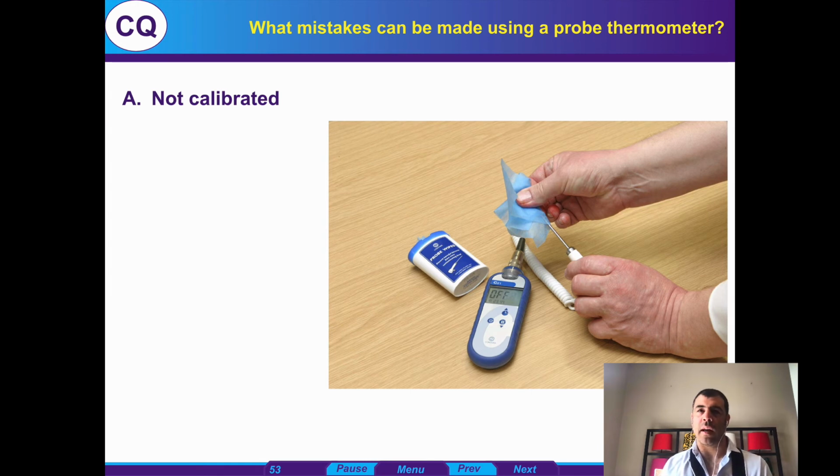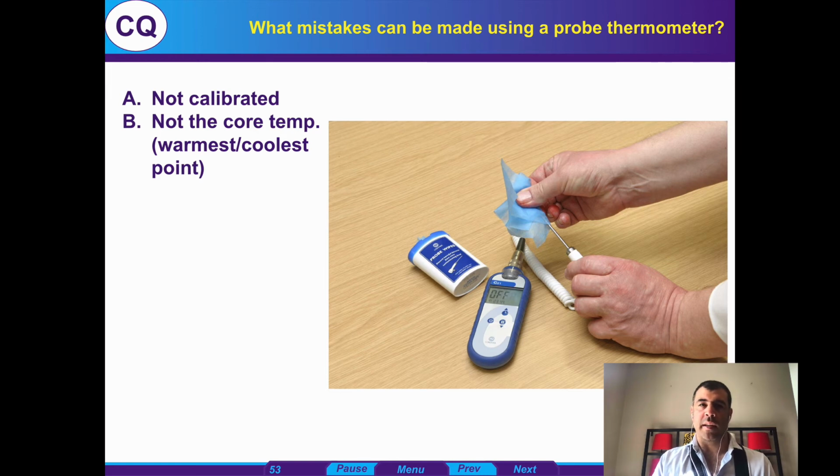Take a glass, fill it up with ice cubes or crushed ice, even better, put a little bit of water in it, dip the temperature probe, and it needs to read between -1 and 1 degrees. If this is not the case, you will need to recalibrate it or even replace the device. Nowadays they are not very expensive. You can get a set of 10 of them for 50 euros on Amazon, and they work really well.